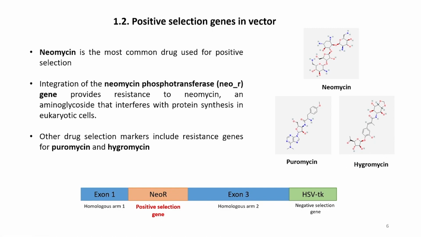Integration of the neomycin phosphotransferase gene, neo-R, provides resistance to this drug neomycin, an aminoglycoside that interferes with protein synthesis in eukaryotic cells. And we may similarly have genes which offer resistance to the other two drugs, puromycin or hygromycin.